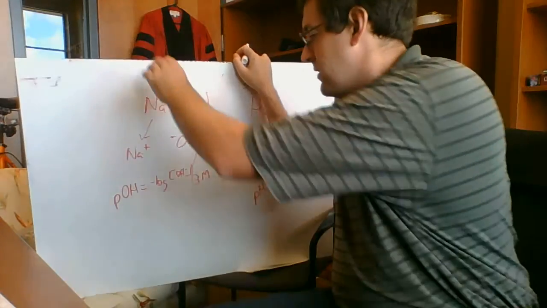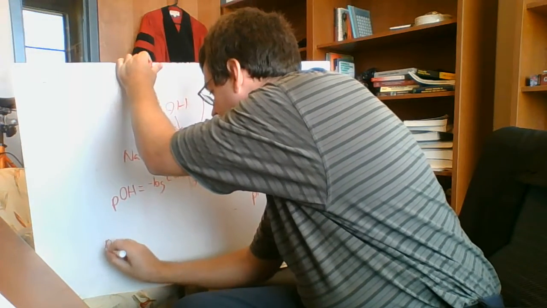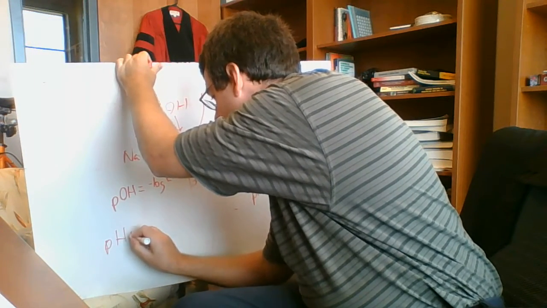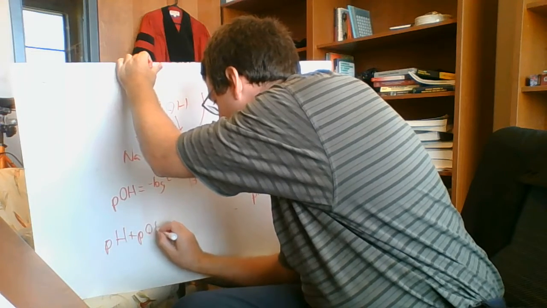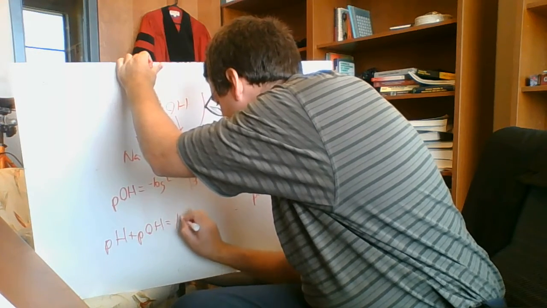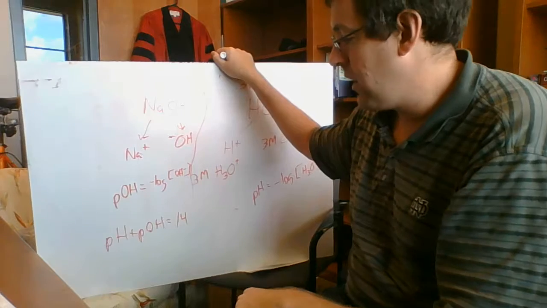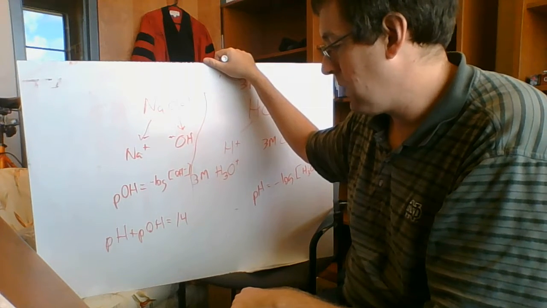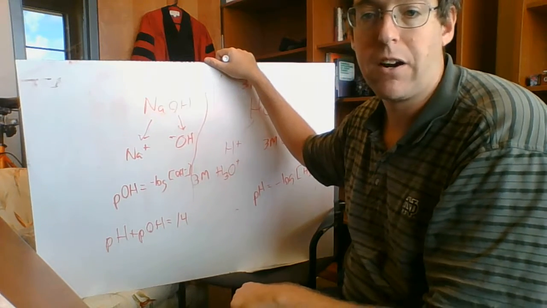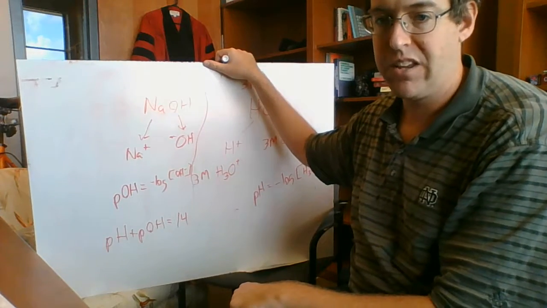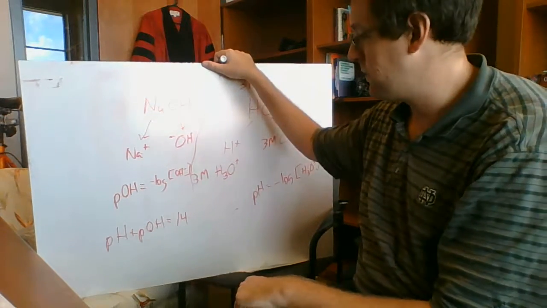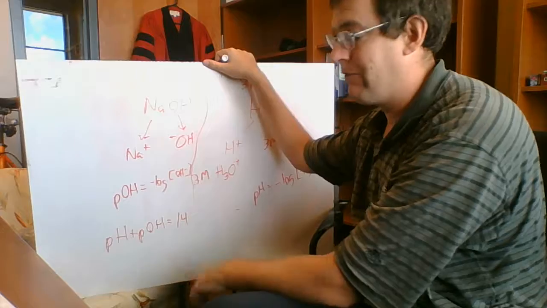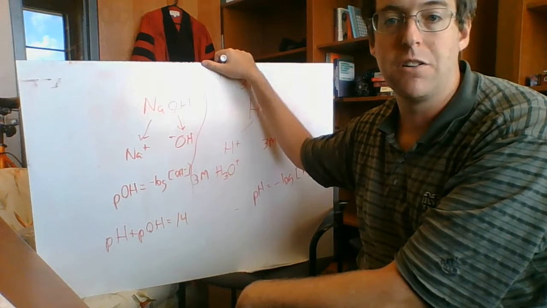And so this gives us a very useful equation: pH and pOH, when we add them together, they're always going to add together to give us the value of 14. So if we know pOH, it's very trivial at this point to determine the pH.